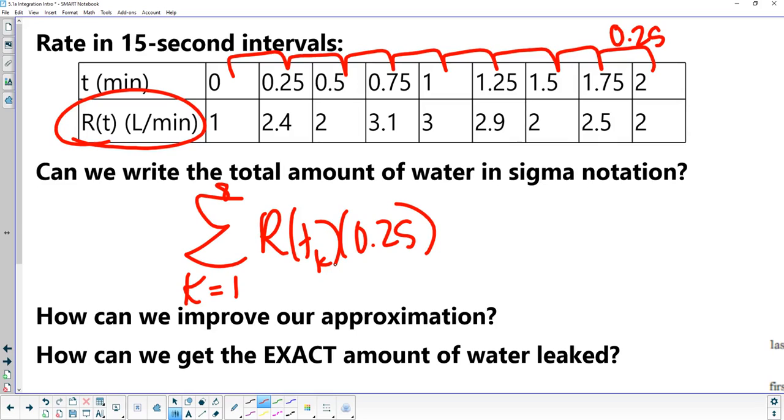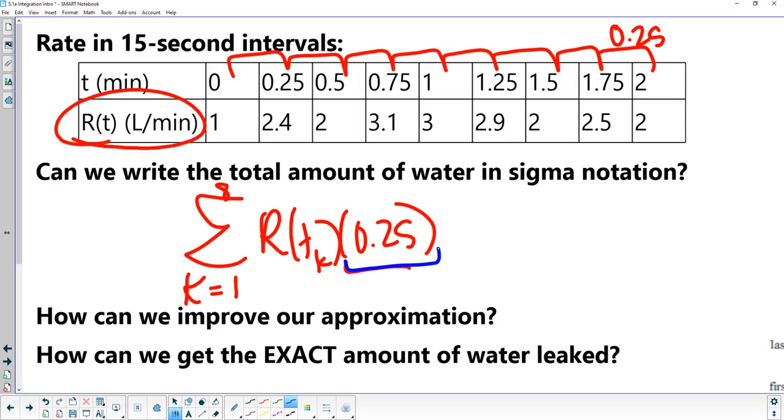All right, so take a look here. 0.25 is our base. Physics people, or maybe chemistry people as well, what do we call that? That's my change in time, right? You've heard that? Change in time for every interval.